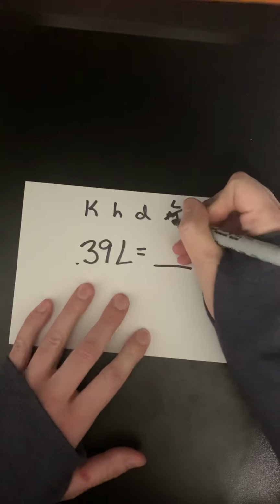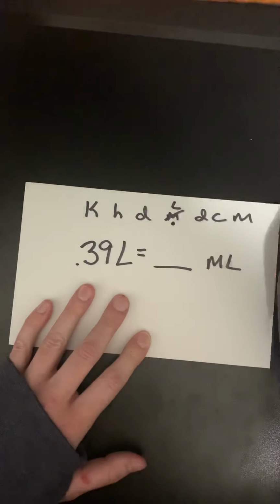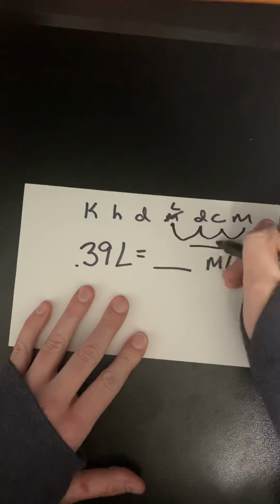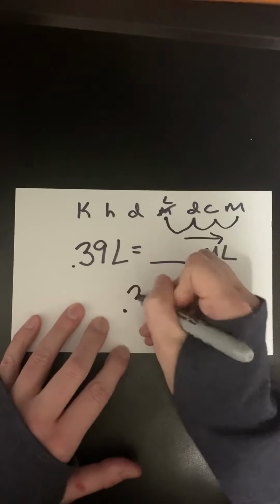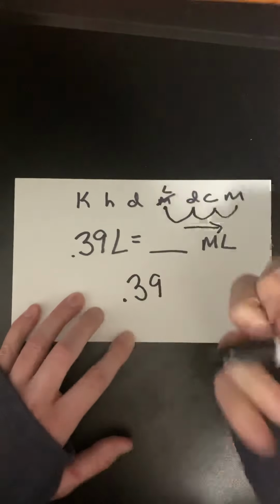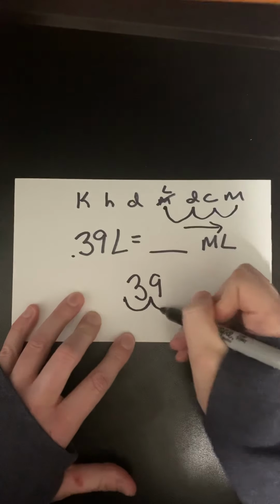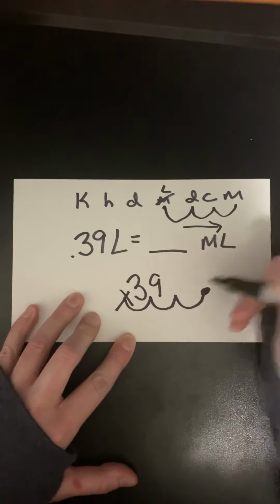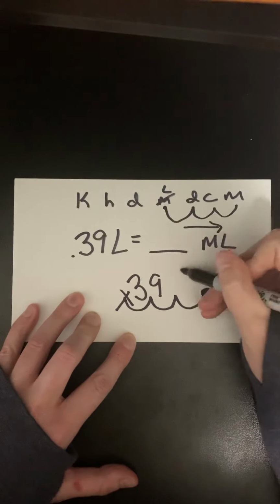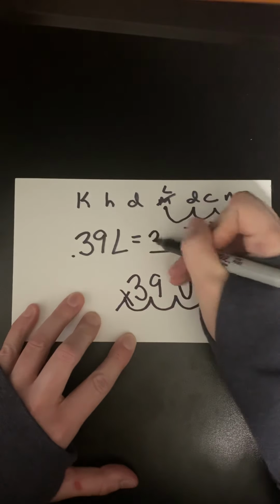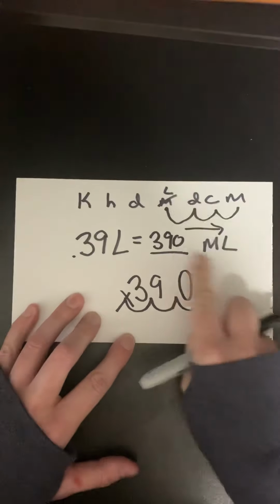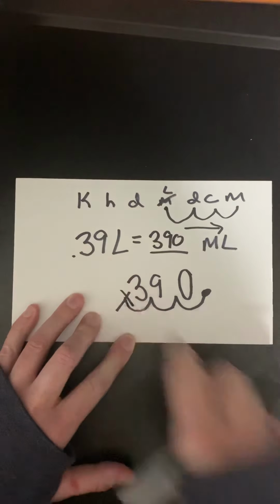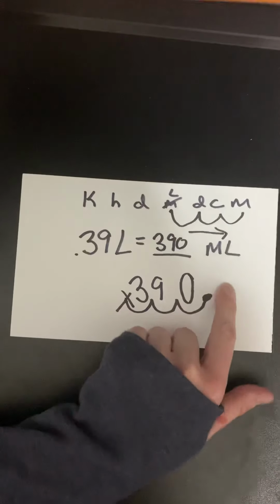I'm going to go from liter and jump to milliliter, 1, 2, 3 to the right. I'm going to take my 0.39 or 39 hundredths and jump 3 spaces, 1, 2, 3. So now my decimal point is over here, and this empty spot gets a 0, so it's 390 milliliters. So 0.39 or 39 hundredths liters is 390 milliliters.